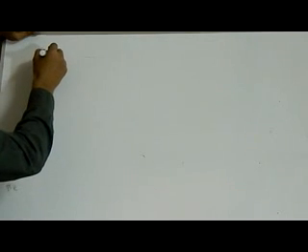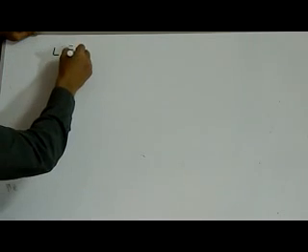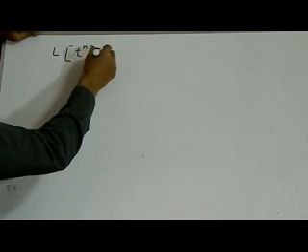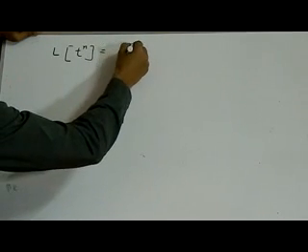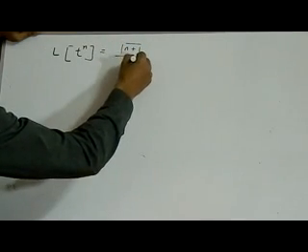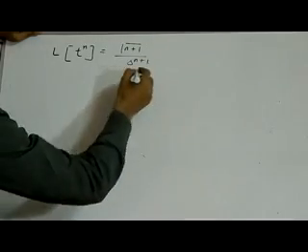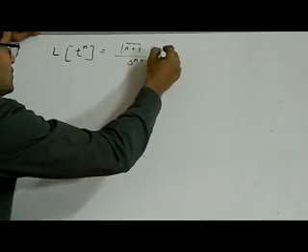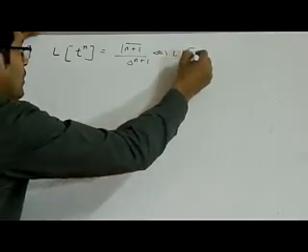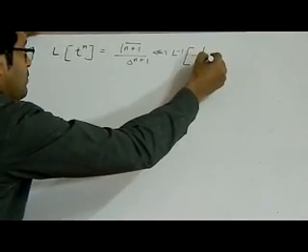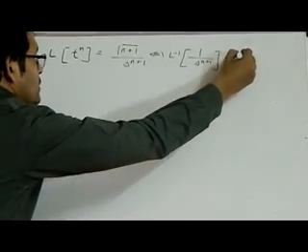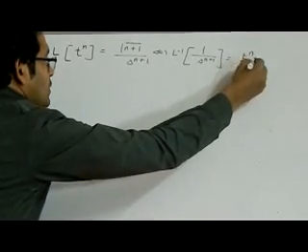We had done that L of t to the power n is gamma of n plus 1 upon s to the power n plus 1. So now I can say that the inverse transformation of 1 upon s to the power n plus 1 is t to the power n upon gamma n plus 1.